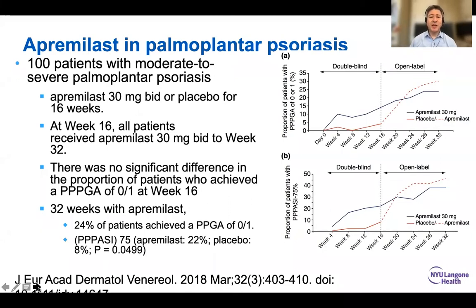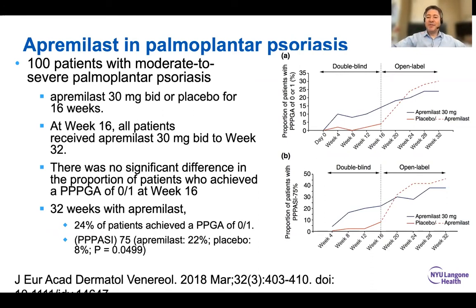Apremilast has been described for palmoplantar psoriasis, and this was in the classic dosage scheme of 30 milligrams twice a day versus placebo. And you could see, while there may not be statistical significance early on, with continued therapy, the placebo and the active group start splitting away.